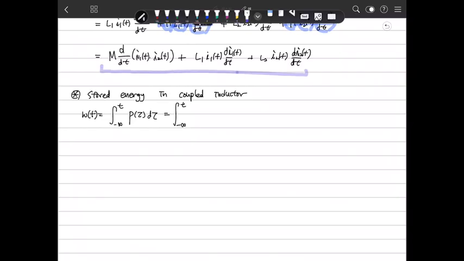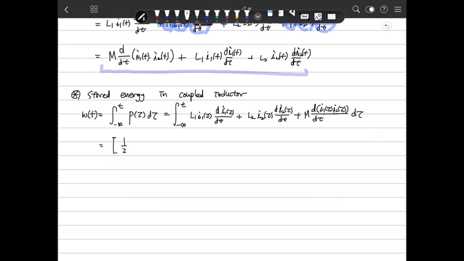We add in these terms here: L1 I1(tau) d/dt I1(tau) plus L2 I2(tau) d/dt I2(tau) plus M d/dt of I1(tau) I2(tau), d tau.